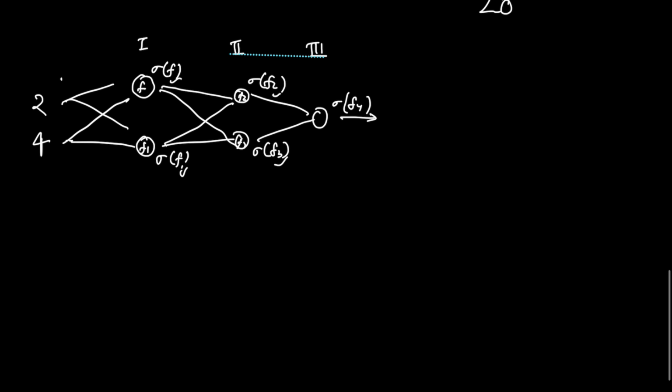For example, in this case it is theta naught, for this it could be theta 1, for this it is theta 2, for this it is theta 3. Even though the underlying function is a linear combination, since these weights are different, the behavior of every neuron would be different.